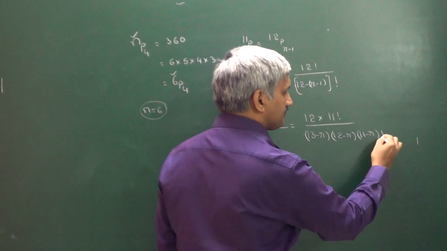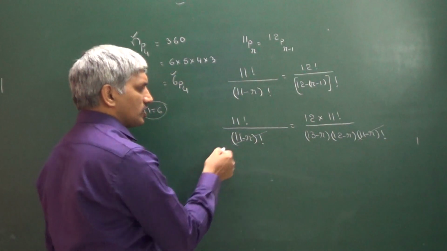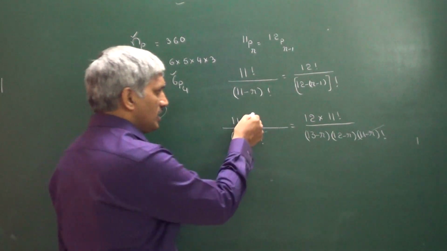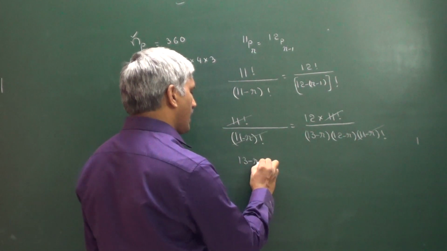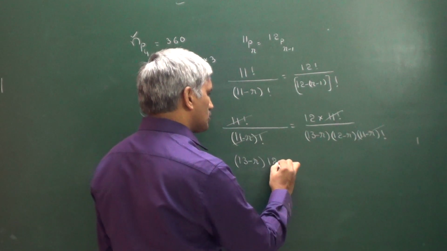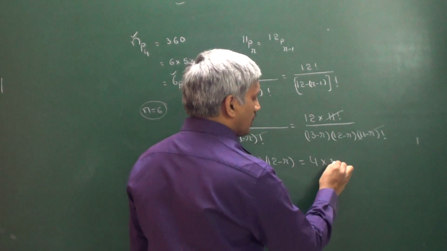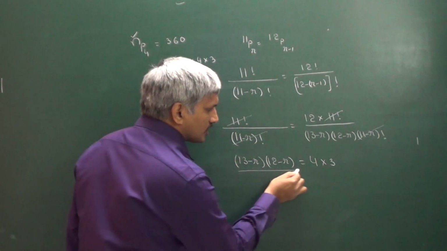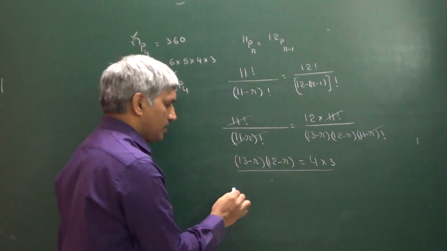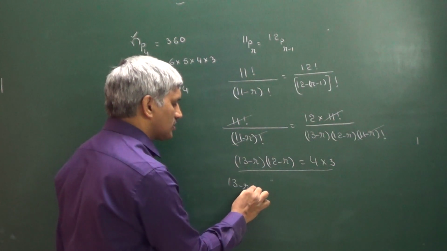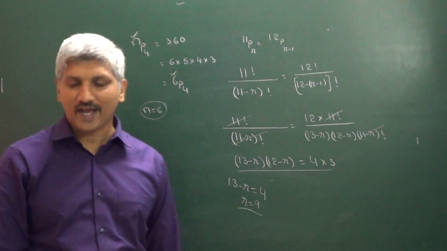So here (11 minus r) factorial cancels, and 11 factorial also cancels. We get (13 minus r) into (12 minus r) is equal to 12, which can be written as 4 into 3. These two are consecutive numbers, and no doubt this is the bigger number. That's why we can write 13 minus r is equal to 4. Therefore, the value of r is equal to 9.